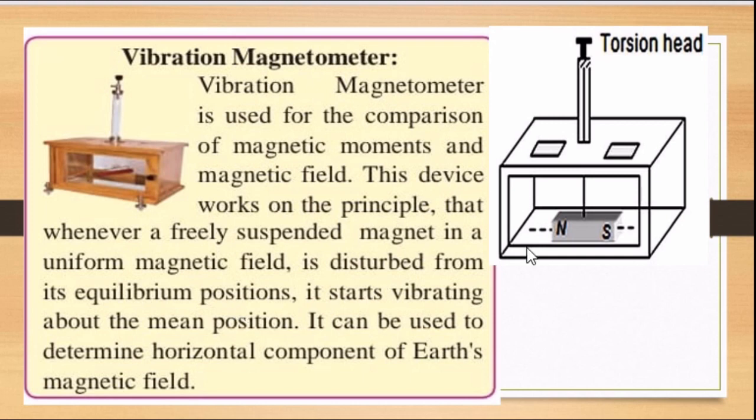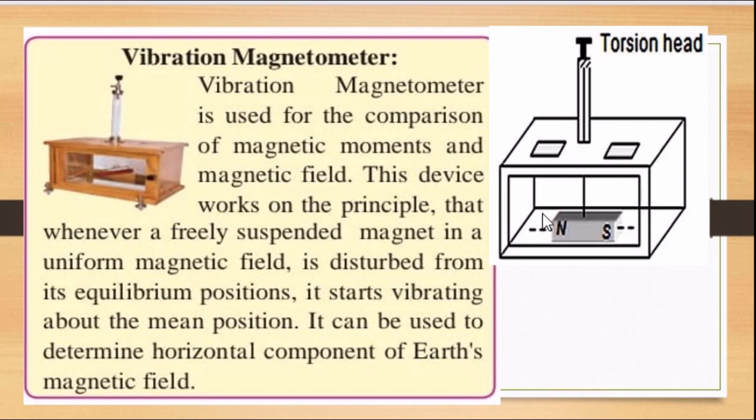Here this is the magnet, suspended by a thin spring, and this is the mean point. The box is such that air currents do not disturb the magnet.